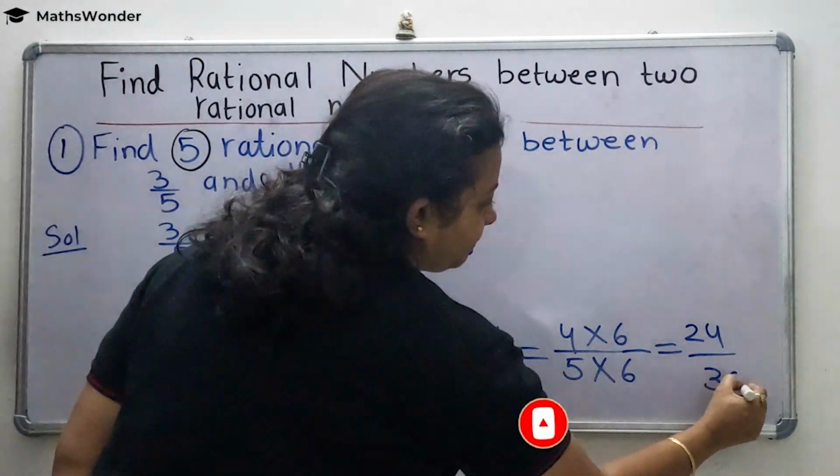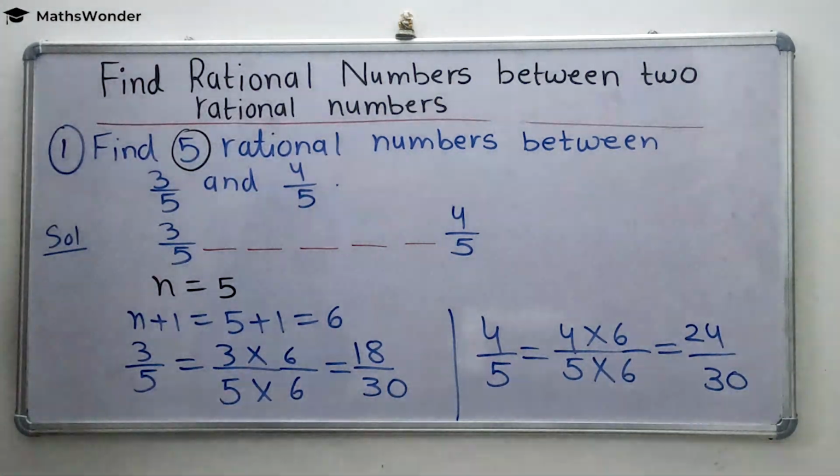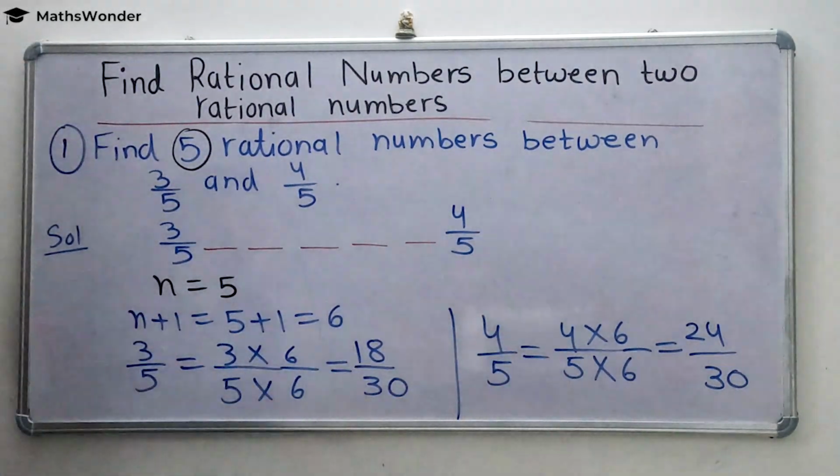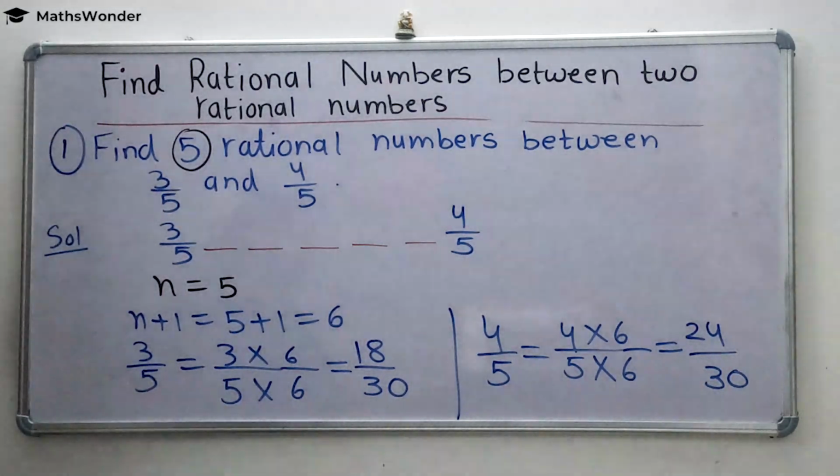Now see, whenever you have to find rational numbers between two rational numbers, this method will give you exactly 5. Check, both the denominators are the same, right?